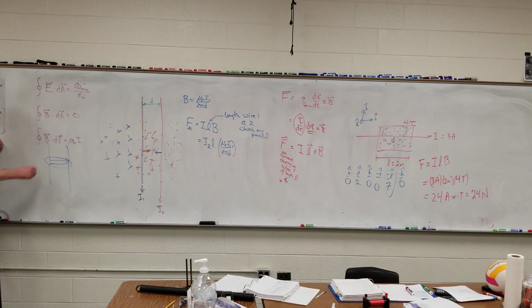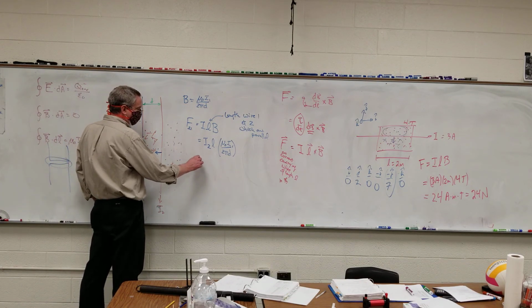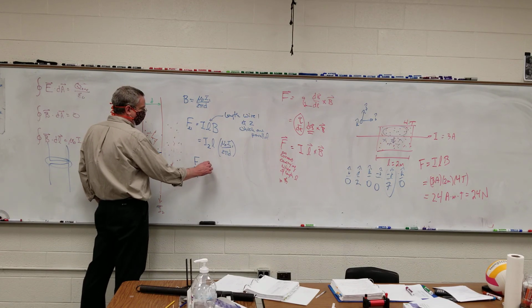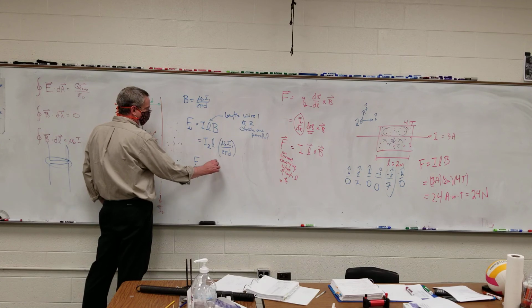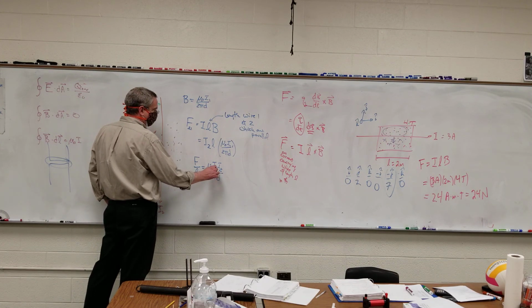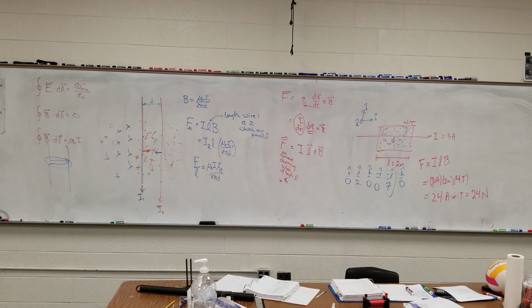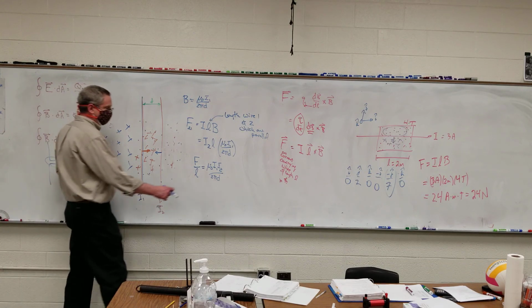So they're actually only parallel for a short amount of time. So typically this equation is expressed as force per unit length, which becomes mu naught I1 I2 over 2 pi times the distance between them. And that is a 2 and not a backwards S.